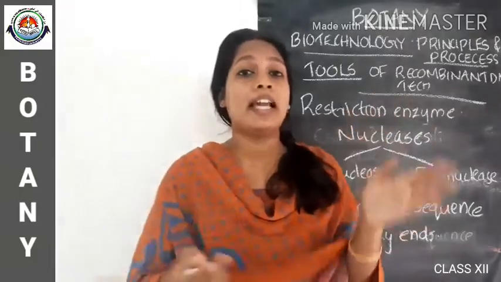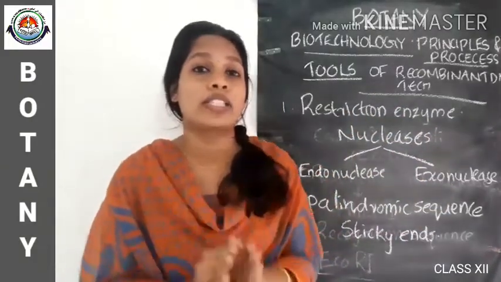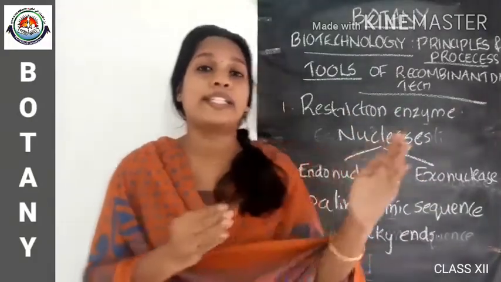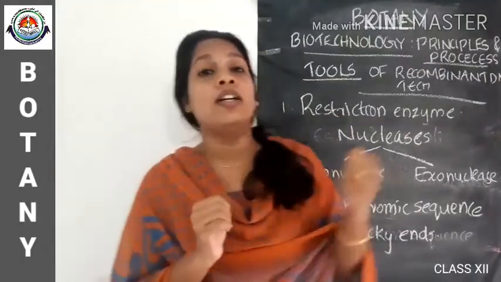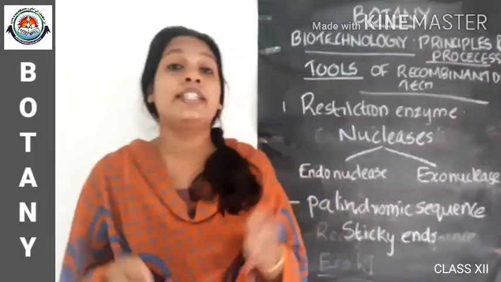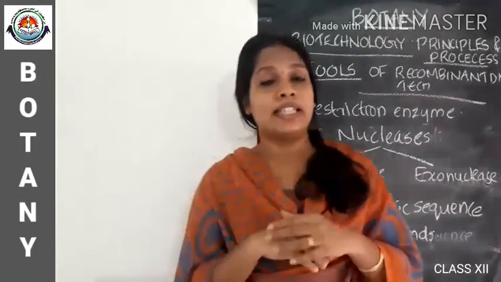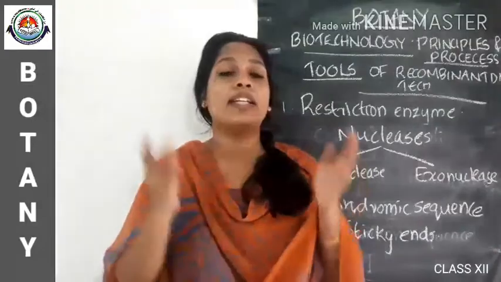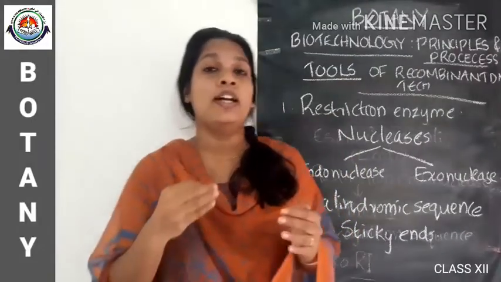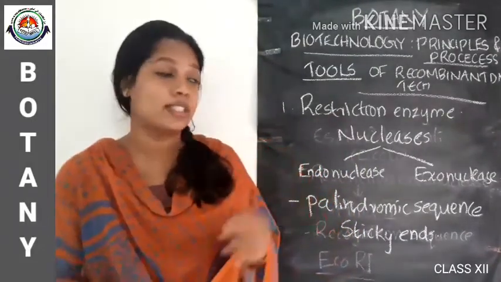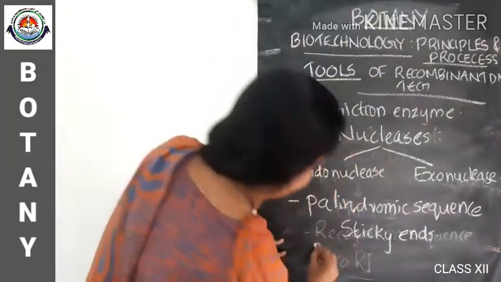Okay, so there is an anode which has a positive charge, used to attract the negatively charged DNA molecules under an electric field through a medium or matrix, that is gel. Nowadays the most commonly used medium is agarose gel.